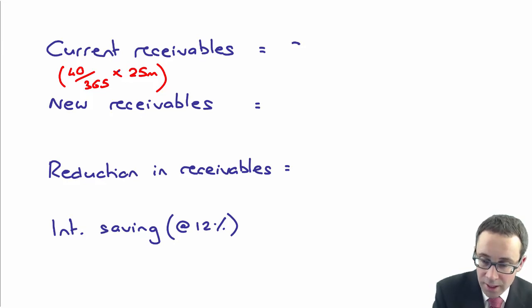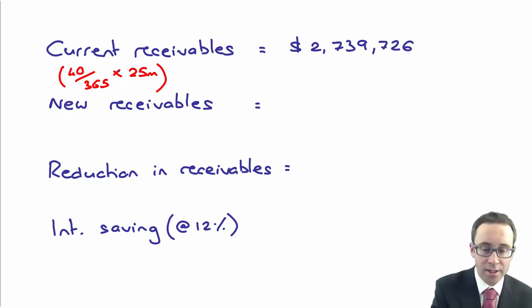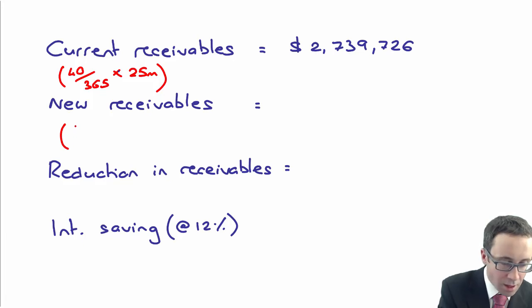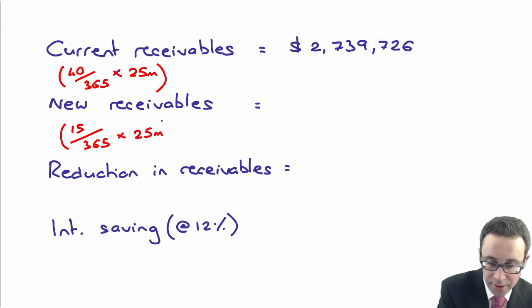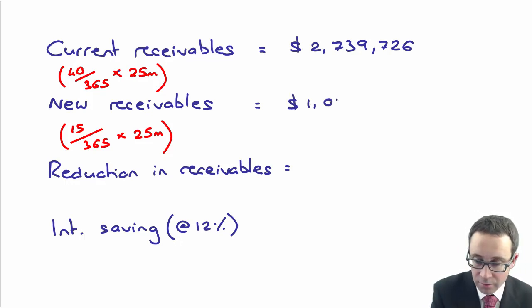I think that comes in at 2,739,726. And the factor can reduce it to 15 days, so 15 over the 365 multiplied by the same 25 million, because that's our annual level of sales, and I think that comes to 1,027,397.